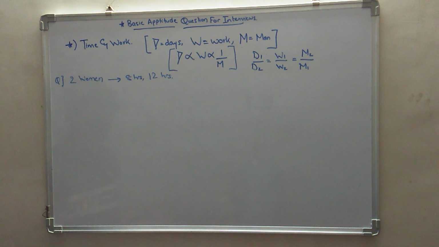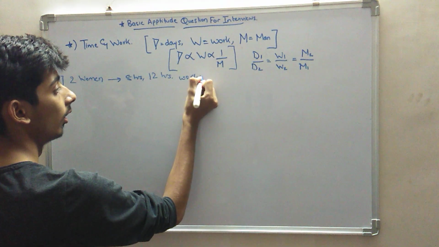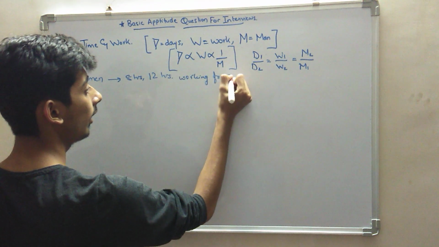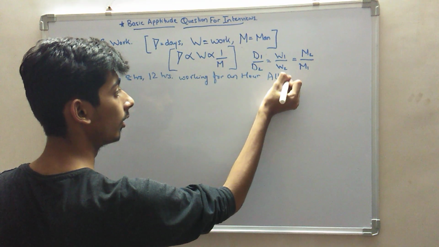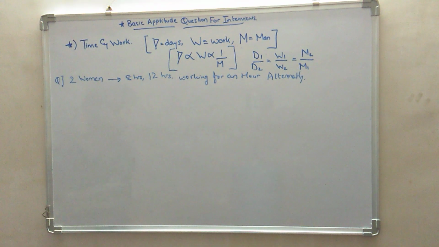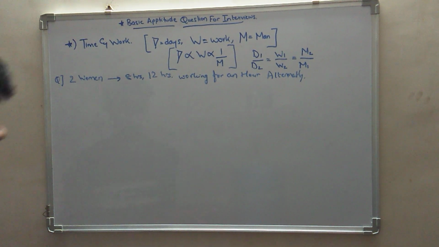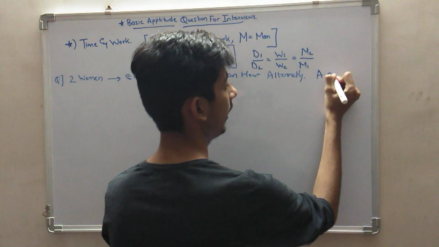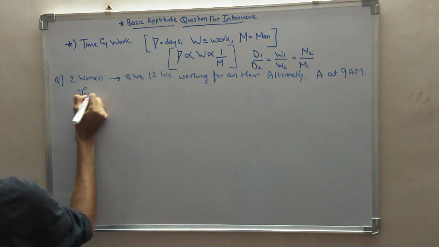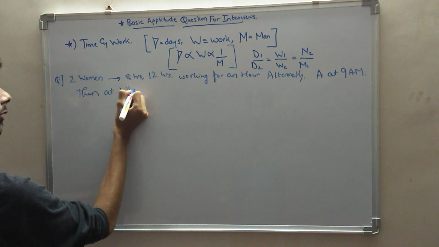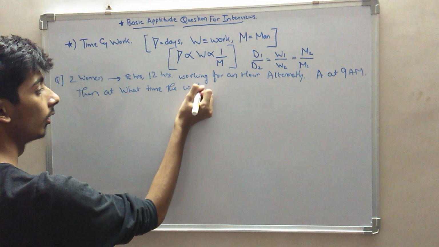Now they work for an hour alternately. Now, if A begins the work at 9 a.m. in the morning, then at what time is the work complete?